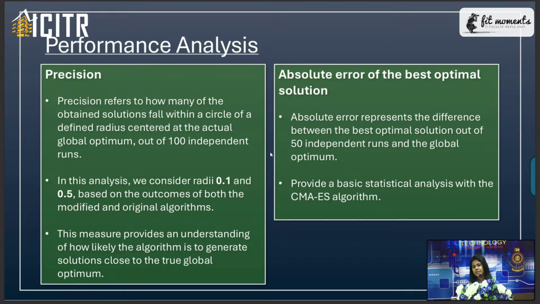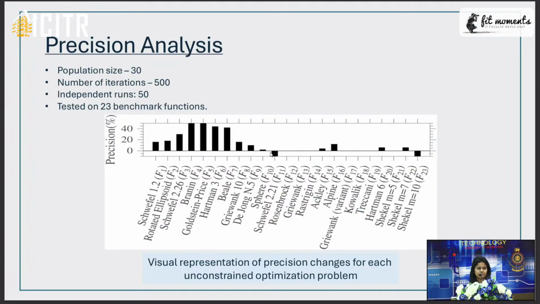Here we have taken radii of 0.1 and 0.5, and then compared the results with our original algorithm. For the absolute error, we take the difference between the best objective value out of 50 independent runs and the global optima. Then we compare our results with the CMA-ES algorithm and the original algorithm.